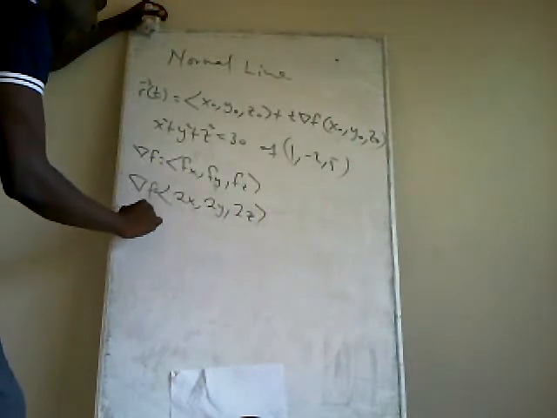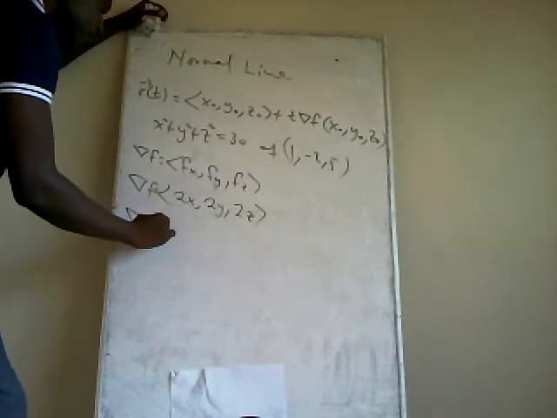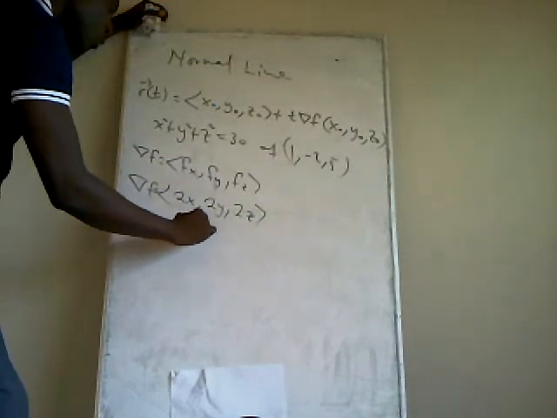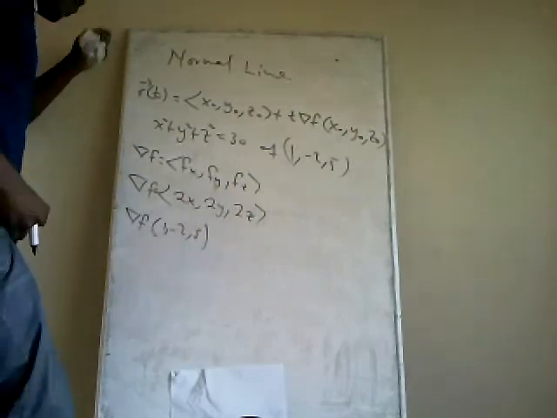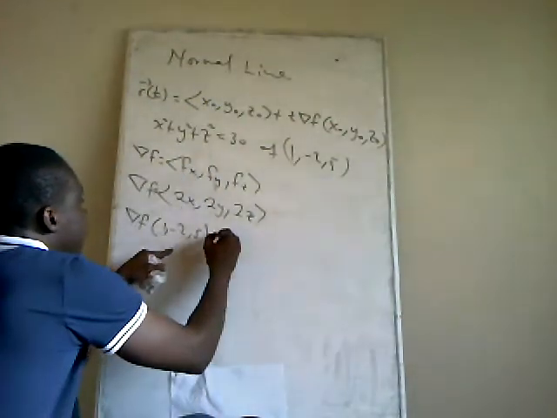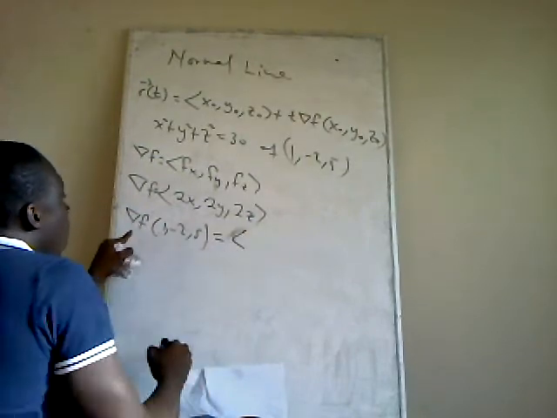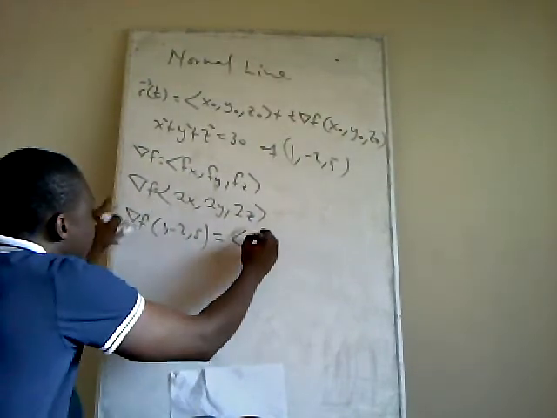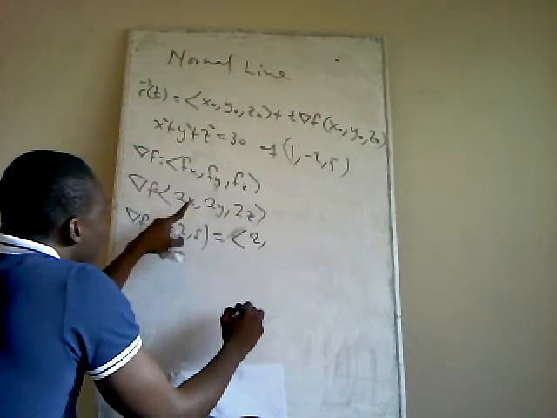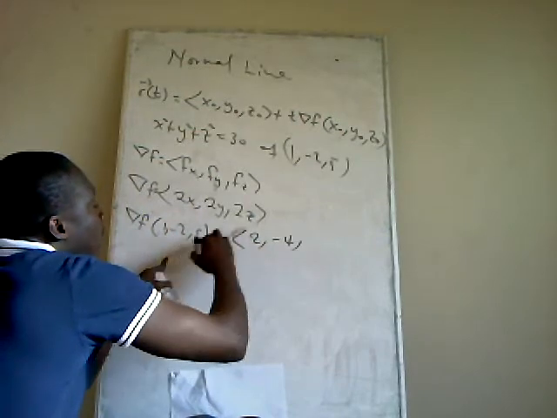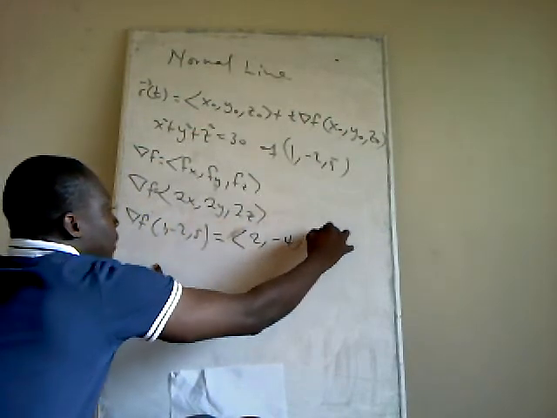So grad f at 1, minus 2, 5 is: in place of x I put 1, so I get 2; in place of y minus 2, so minus 4; in place of z 5, so 10.